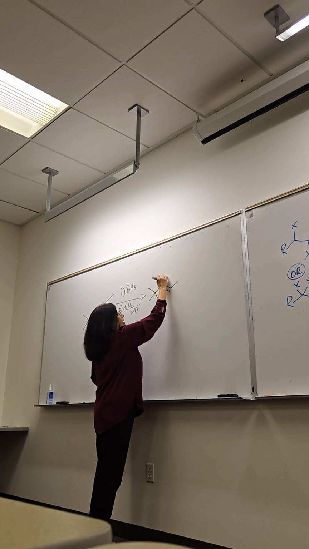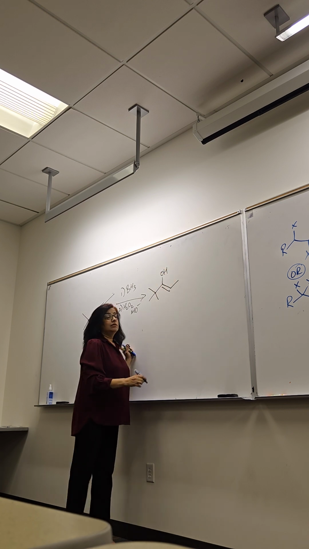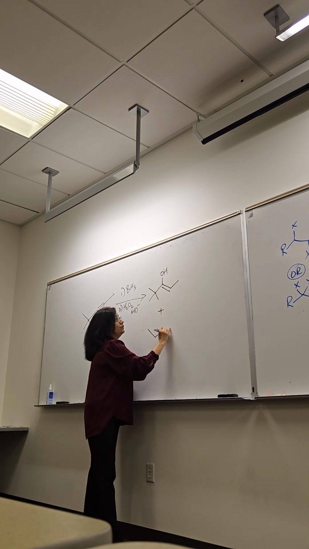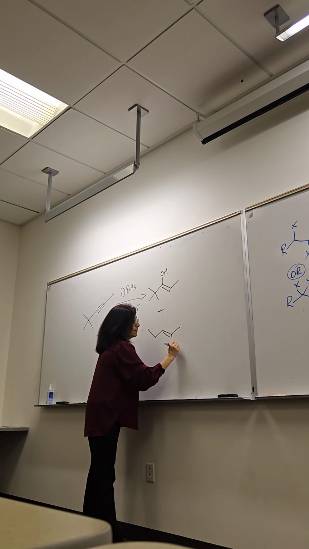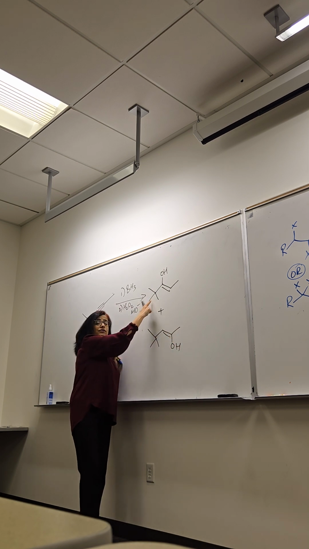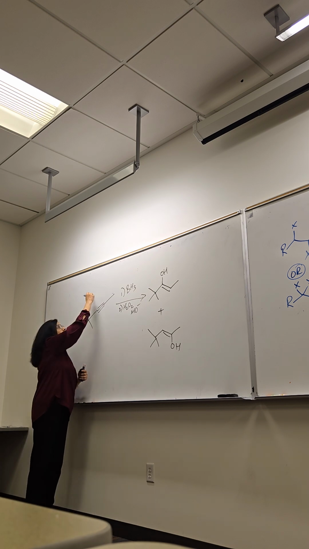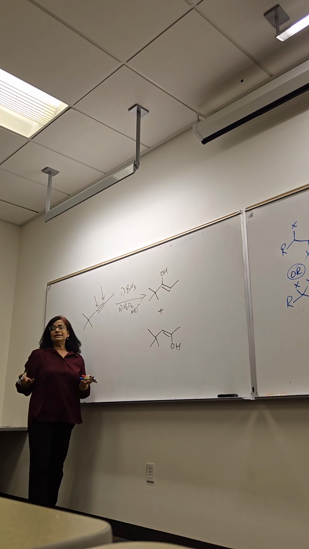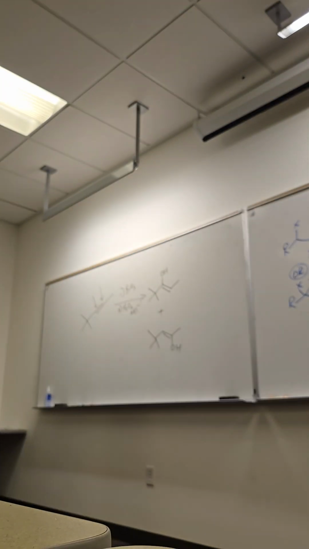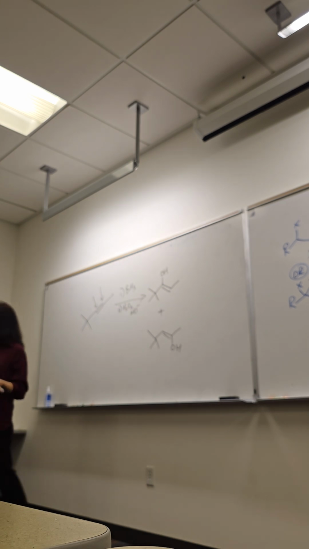And OH went here. But can't the OH also go here? Is there any preference for one or the other? No. Both carbons are equally substituted. One carbon isn't more or less substituted than the other. Are you all seeing it?